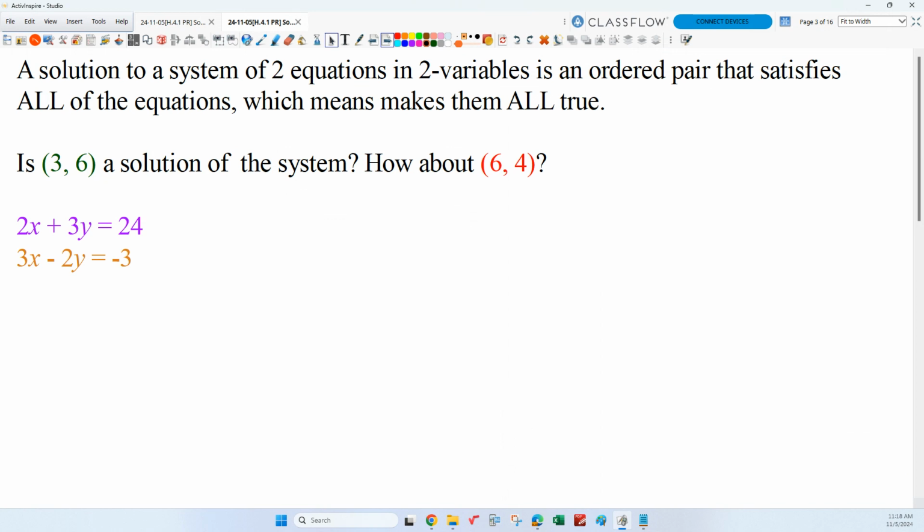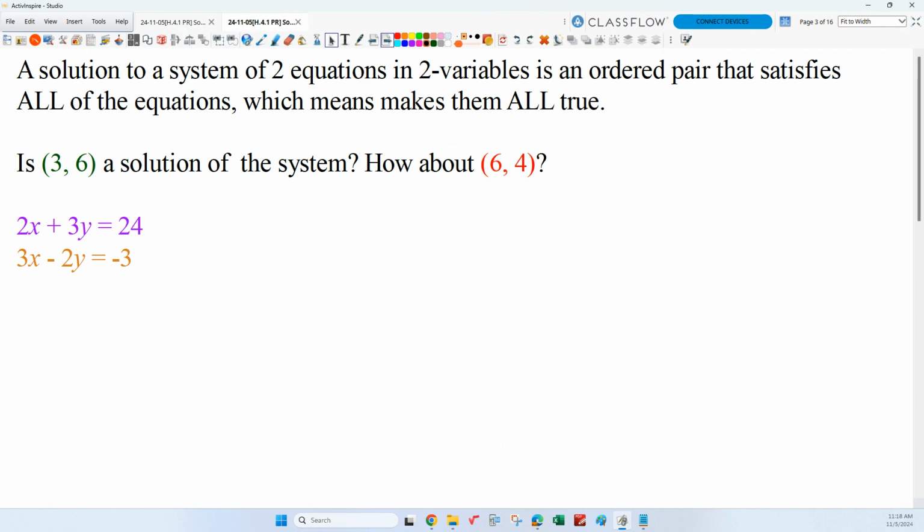Thumbs up or down? Yeah, it is. It works. Is (6, 4) a solution of the orange equation? No, doesn't work, right? If I plug in 6 for x and 4 for y, the orange equation is false. It's not true. So that is not a solution.